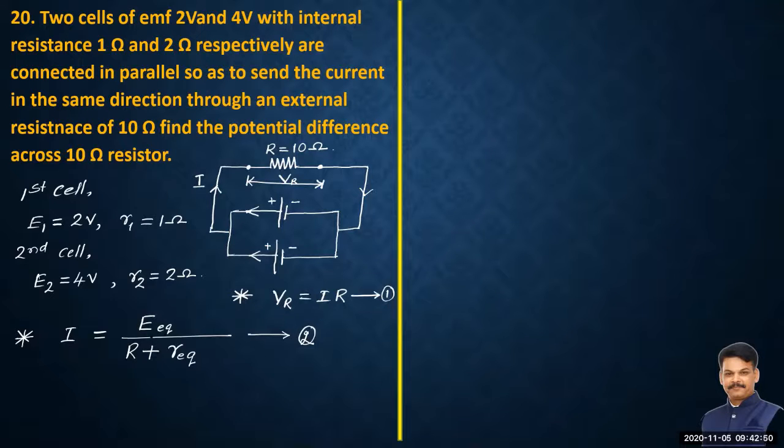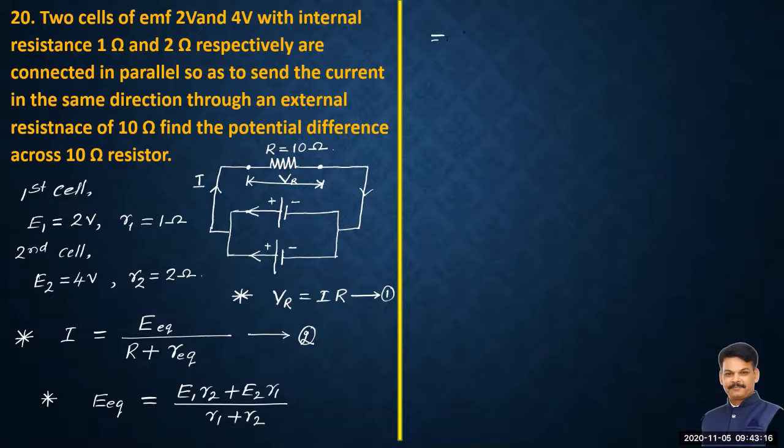Now here again I don't know the equivalent EMF and equivalent resistance. Hence I have to calculate the equivalent EMF using the relationship we know. In case of a parallel combination, it is (E1 R2 + E2 R1) divided by (R1 + R2). Just recall the theory class.